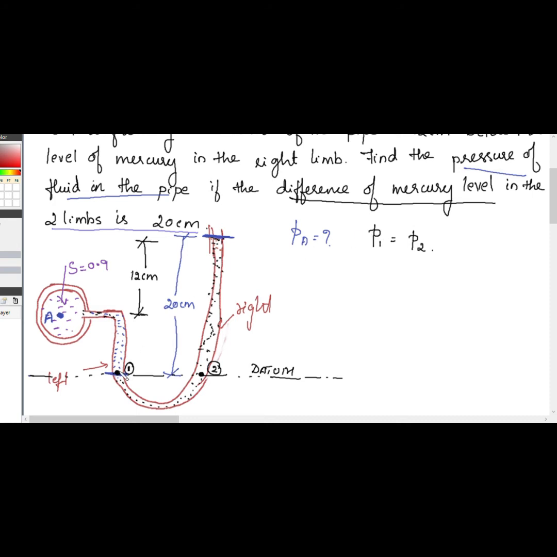In the left limb, pressure at 1 is equal to pressure at A, that is PA, plus the pressure due to this height. What is this height? This is 20 minus 12, so we get 18. So this height is 18 centimeter.